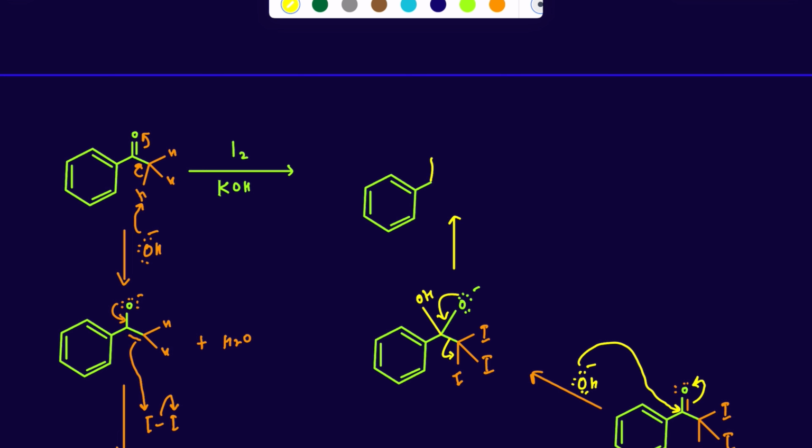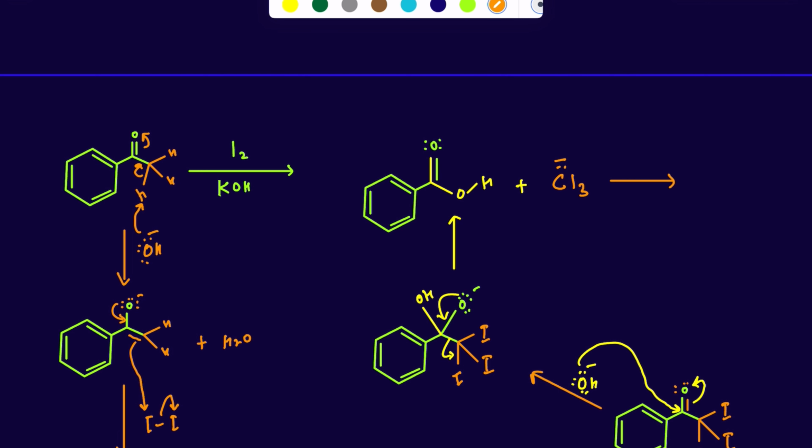So I'm going to reform the pi bond, and I got the OH here. So remember, I'm about to make an acid under basic condition, which is not going to happen. So we make this, and then your leaving group would have been CI3 with a negative charge on that carbon.